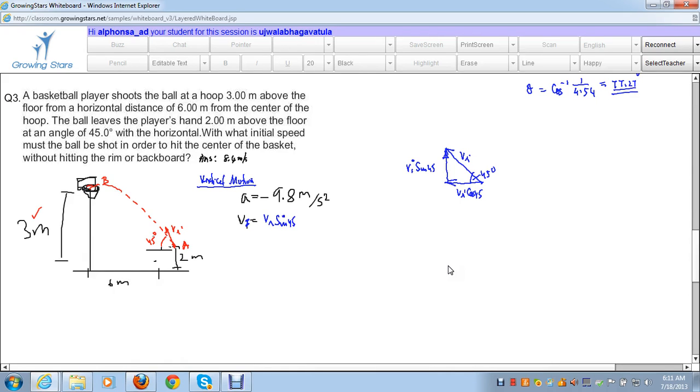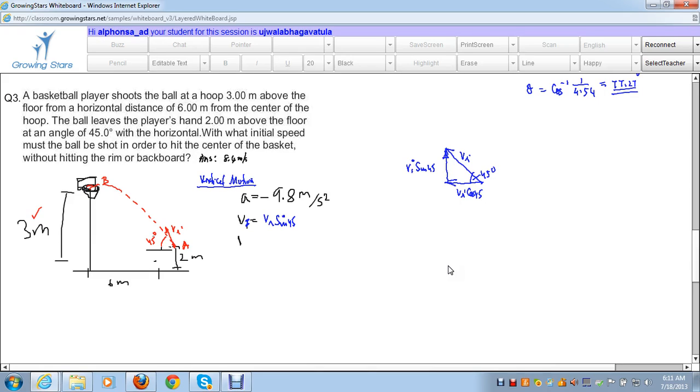Then what else do you know? What's the vertical height reached? The vertical height is 3 meters. No, 1 meter, isn't it? Because it's thrown from a height of 2 meters and goes up to 3 meters.